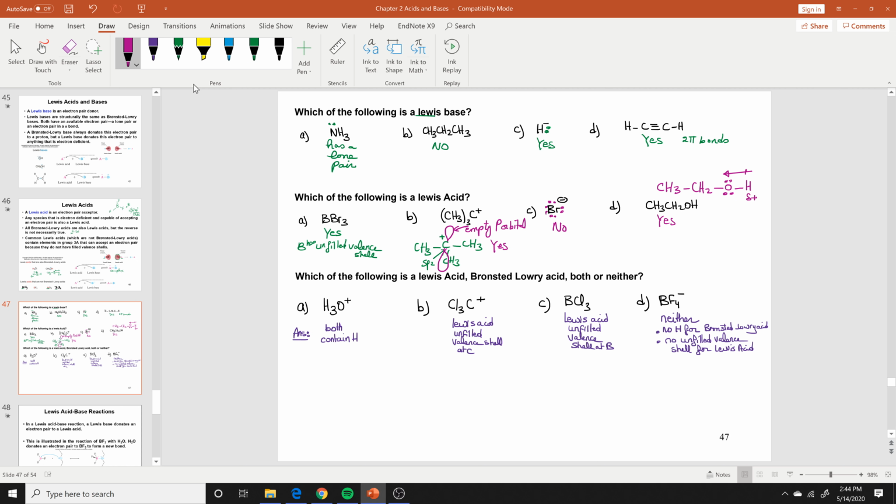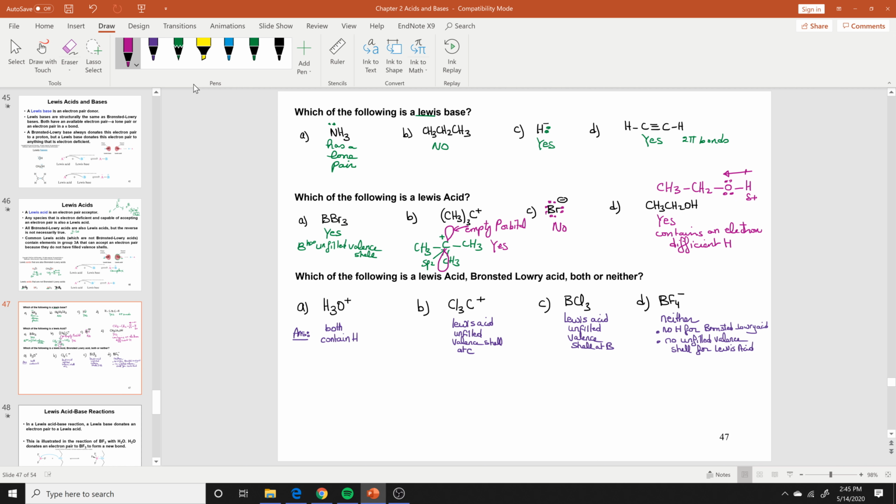So yes, this guy over here is going to be a Lewis acid, and the reason why it's a Lewis acid is because it contains an electron deficient hydrogen. See, I no longer said it contains a hydrogen. No, it contains an electron deficient hydrogen. This is the definition for a Lewis acid.